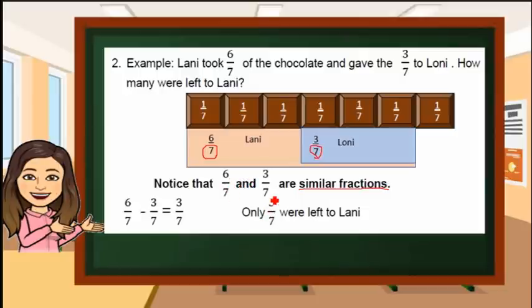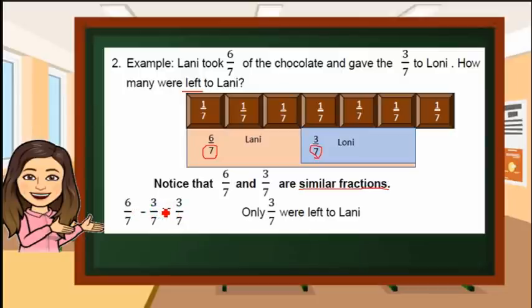So we will still follow the steps in solving similar fractions, which will only involve addition or subtraction using their numerators. Because we are asked how many were left, it means that we have to subtract, right?